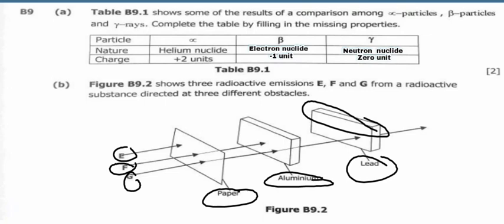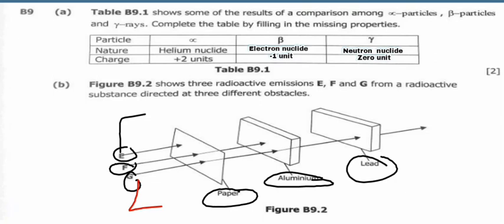Now, as you can see here, this diagram is showing the penetrations. So we can say that E, which is the alpha, has lower penetration compared to G, which is the gamma rays. So E, which is the alpha particle, has lower penetration compared to the gamma rays.